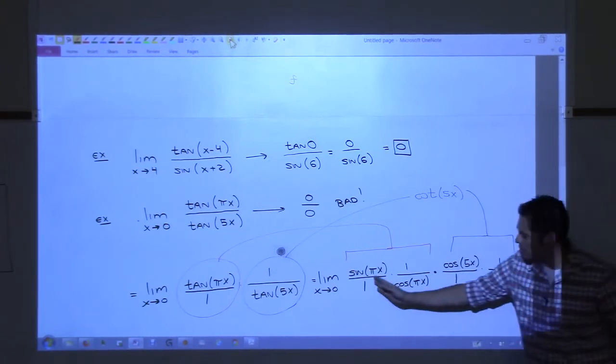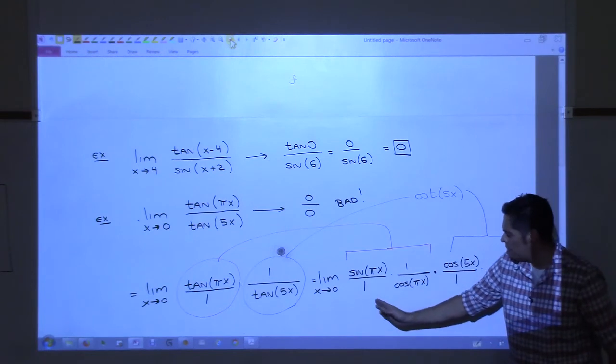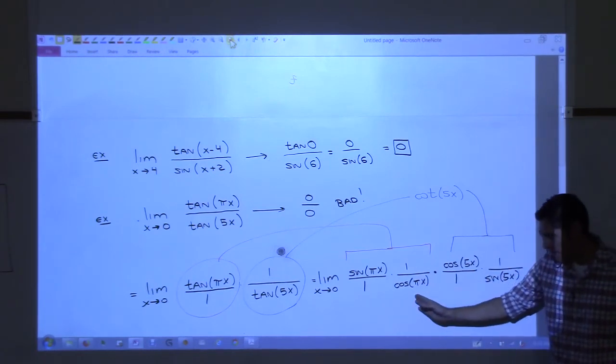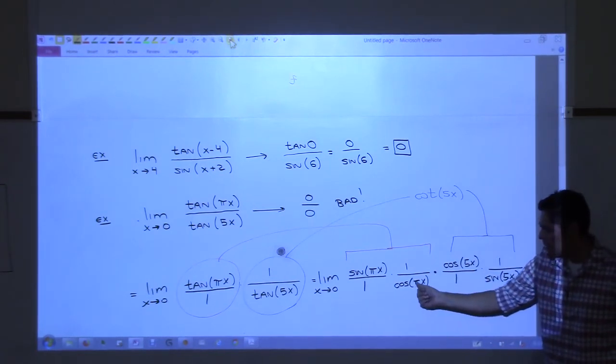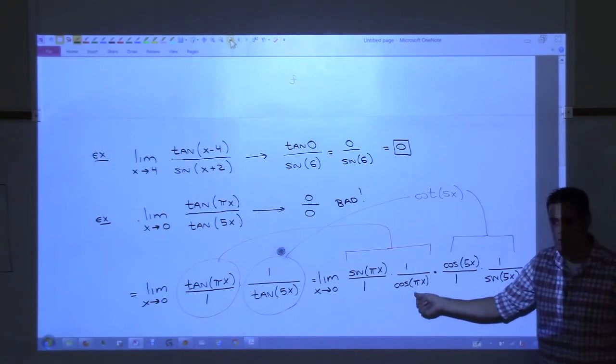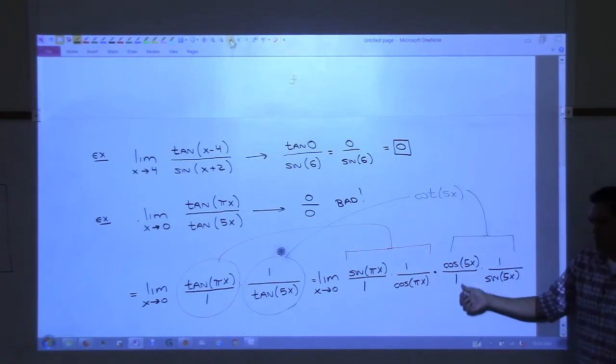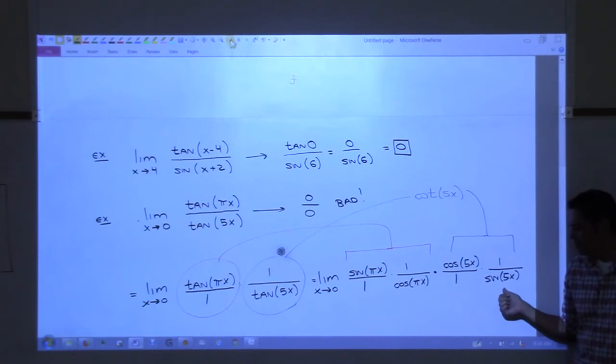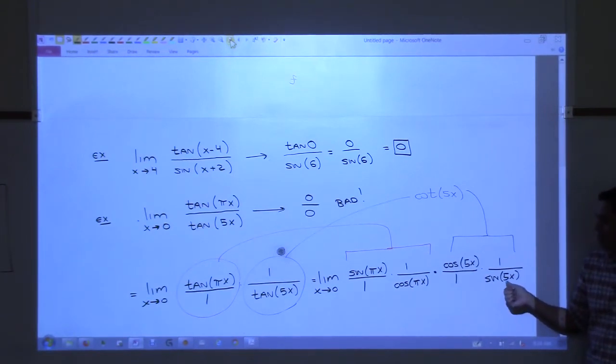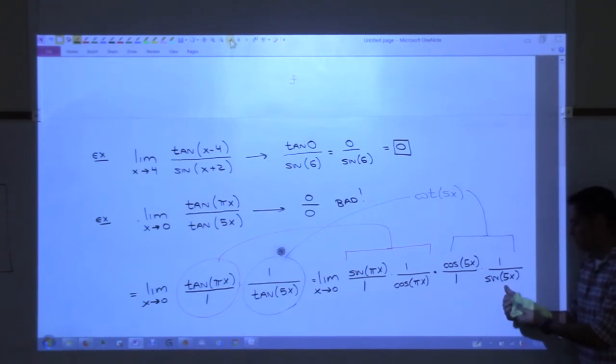So is this bad? Do we get division by 0 here? No. Do we get division by 0 here? No, because if I plug in 0 here, cosine of 0 is 1, and that's 1 over 1, that's okay. There's no division by 0 here. This one is the one that's causing the problem, right here. So the only way to avoid this being a problem is to do what?